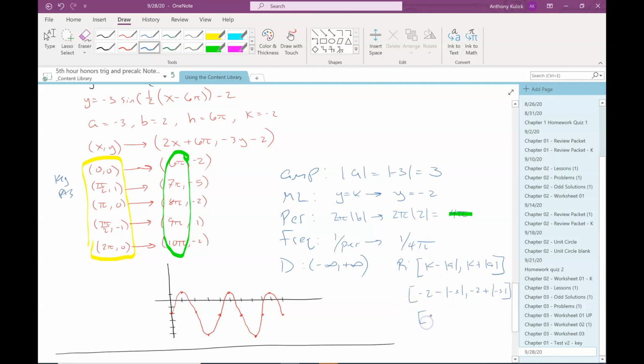So we end up with -5 to +1, which, again, you'll see matches up with exactly what we're seeing on our graph, right? The minimum value to the maximum value.